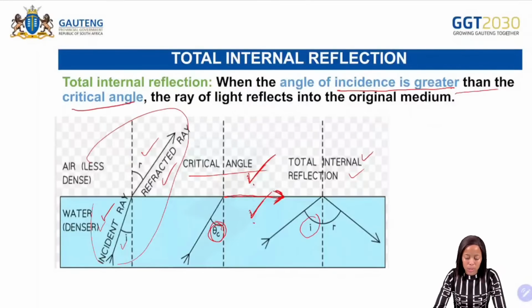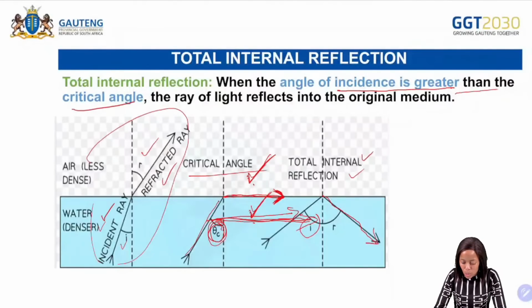So when this angle is greater, meaning when it increases, from here to here, the ray of light reflects into the original medium. Remember that ray of light was in between the two mediums. So the ray of light will do what?